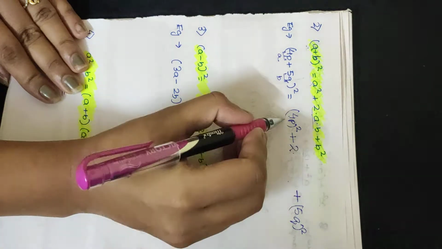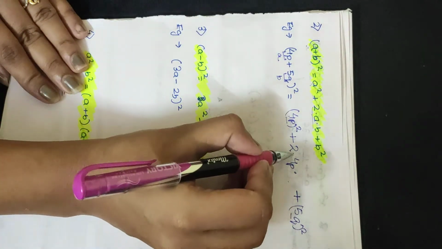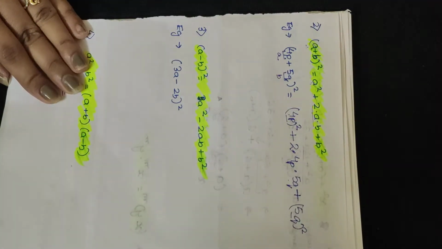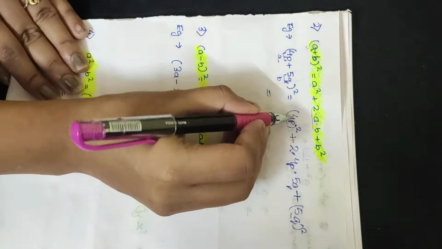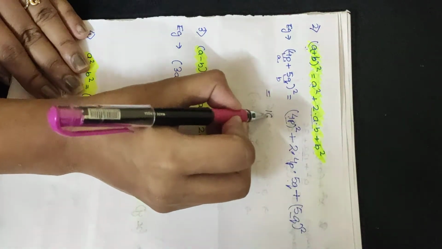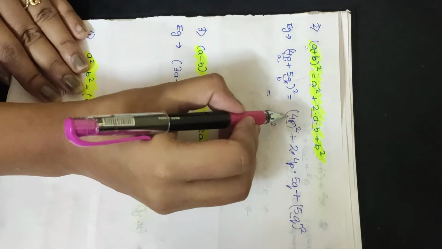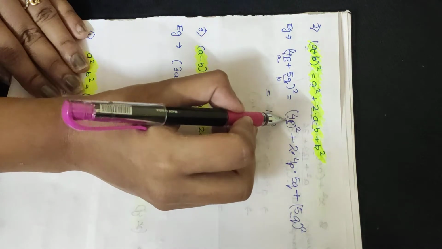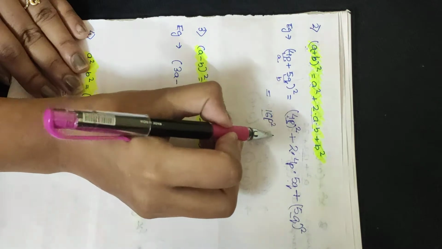Now how do we write 2ab? 2 at the front, then a and b. So 2 into 4p into 5q. Okay. And when we expand it, 4 square is 16, p square is p square. So whatever is there in the bracket, the numbers, the expression or the alphabets, we need to solve everything.